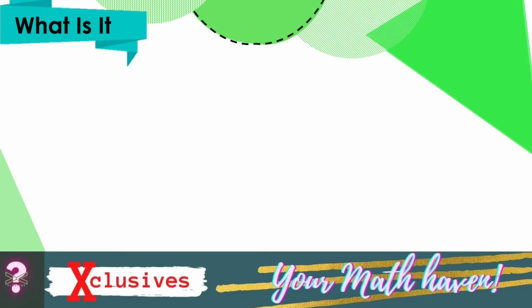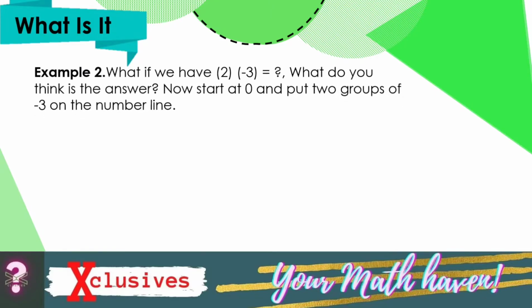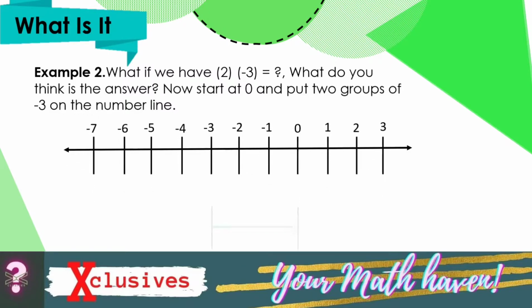Let's have example number 2. What if we have 2 times negative 3 equals what? What do you think is the answer? Now, start at 0 and put two groups of negative 3 in the number line. Let us plot the first group of negative 3 from 0. Then, plot the other group of negative 3.